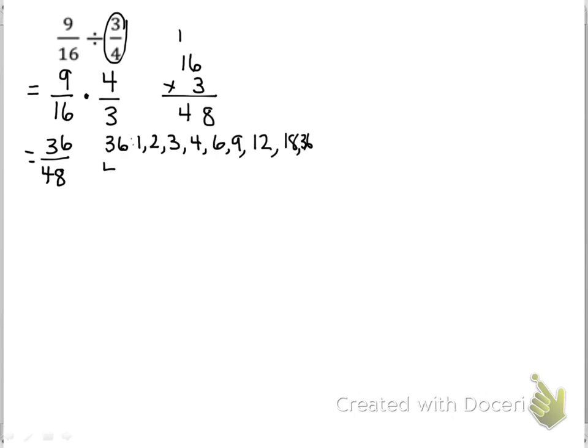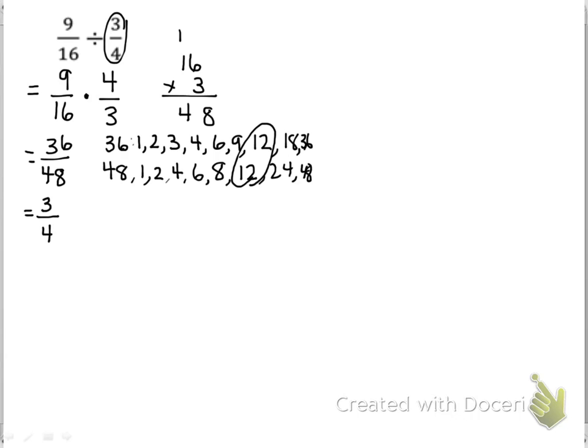And the factors of 48 are 1, 2, 4, 6, 8, 12, 24, and 48. So it looks like their GCF is 12. So we're going to divide both those numbers by 12. Well, 36 divided by 12 gives me 3, and 48 divided by 12 gives me 4.